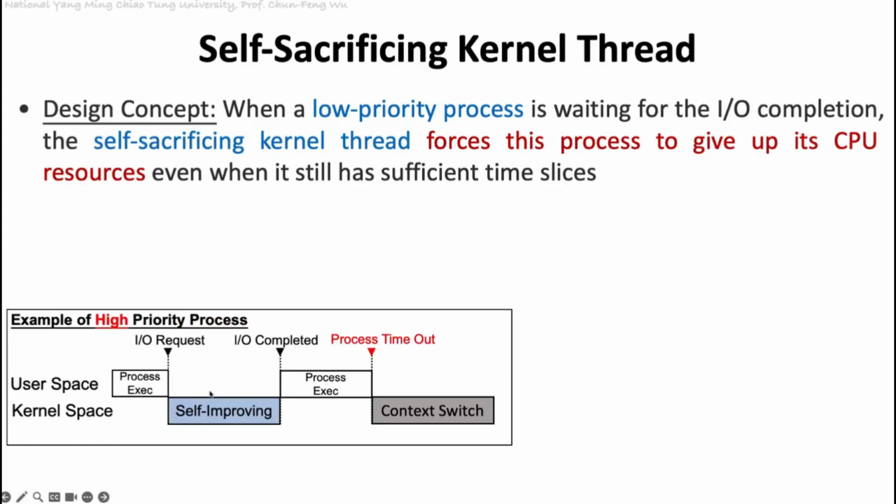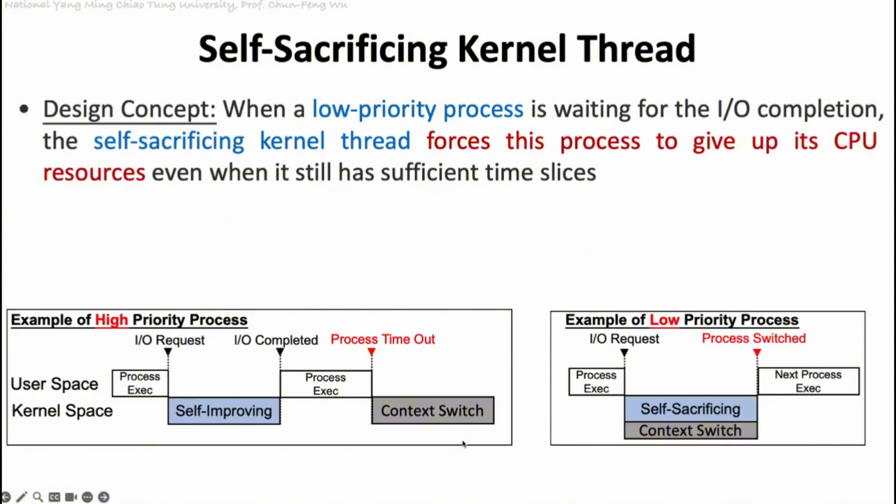Actually, we need to wait for a lot of time because the data is still in the storage device. So we need to wait for the I/O completion, and in the duration between the I/O request and I/O completion, the user space cannot run anything. After I/O completion, when the data is moved back to the DRAM, the CPU can keep executing the process until the timeout, and then it calls the context switch. So this is for the high priority process.